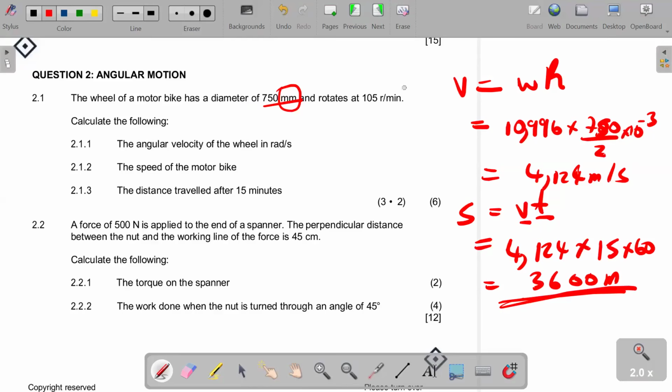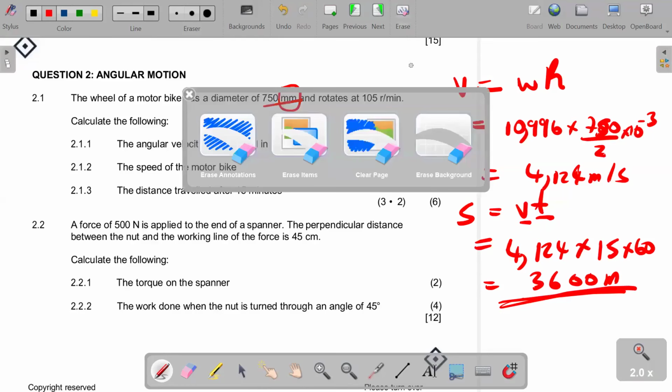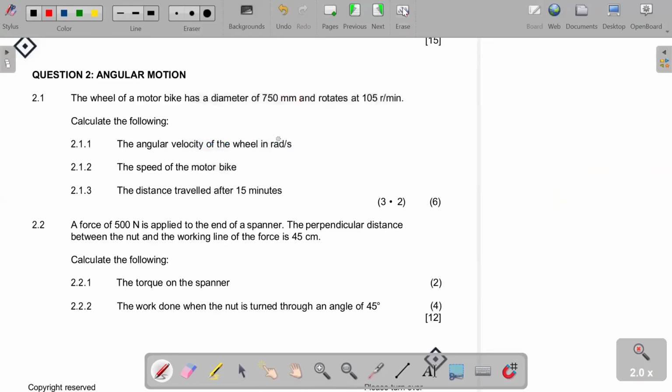Okay, 2.2.1 takes us to a force of 500 Newton applied to the end of the spanner. The perpendicular distance between the nut and the working line of the force is 45 centimeters. Calculate the torque on the spanner. T, the torque, is equal to force multiplied by r, the working line of the force.